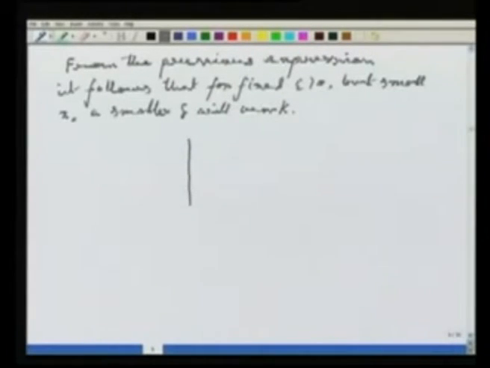So this is the y-axis, this is the x-axis. I have 0 here. Let us try to draw the curve of f(x) equal to 1 by x square. So it looks something like this. Now first let us choose the point x naught here. This is my x naught, and I take a fixed epsilon. Now here I have my f(x naught).